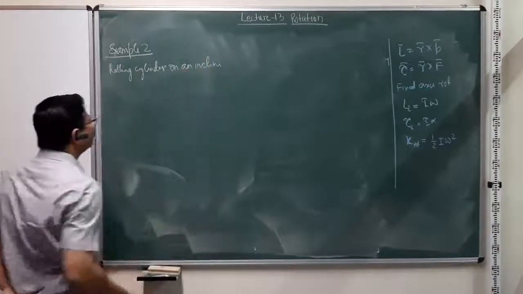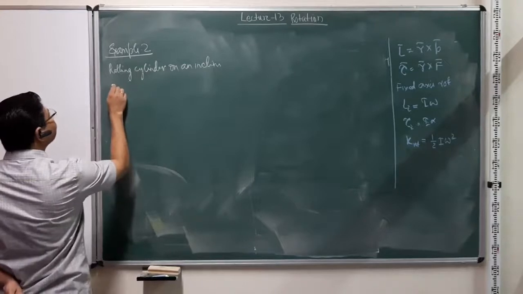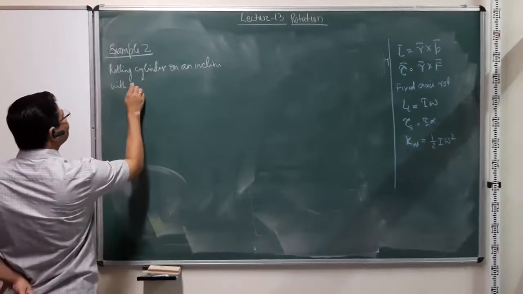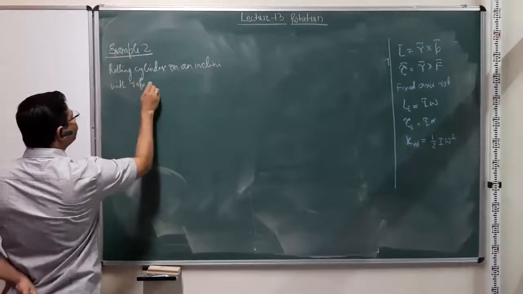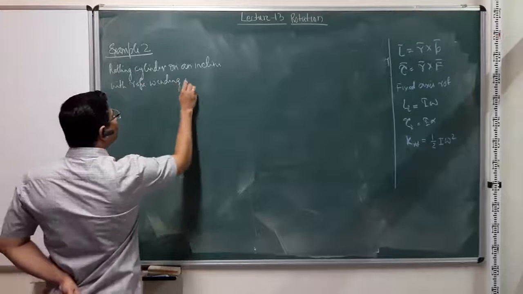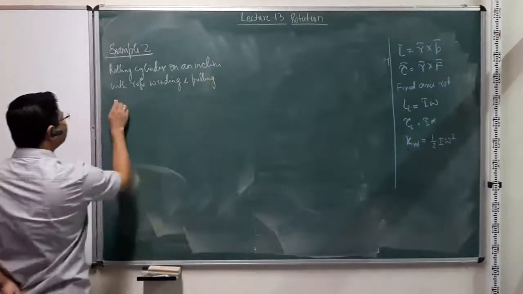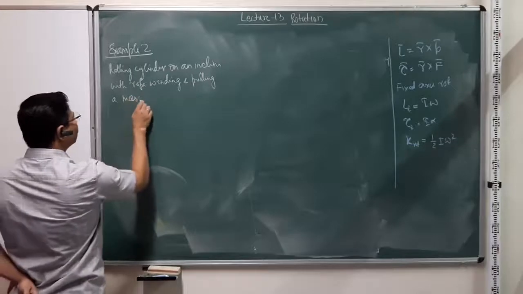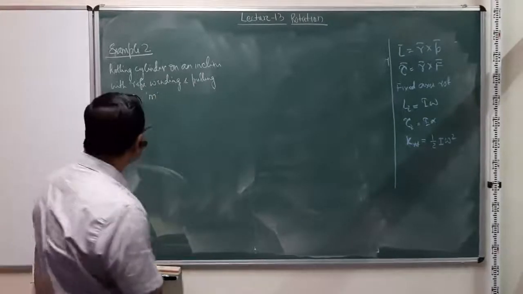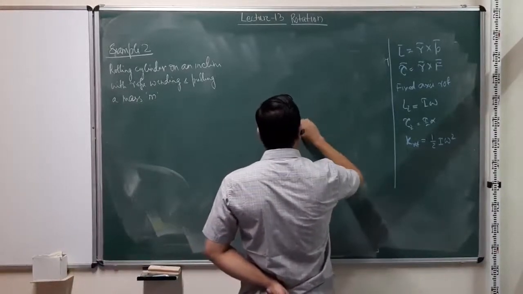So the cylinder is rolling down an incline, with a rope winding and pulling a mass m. Right.